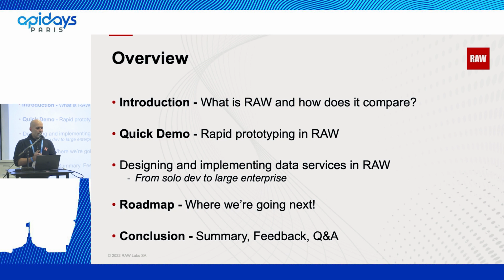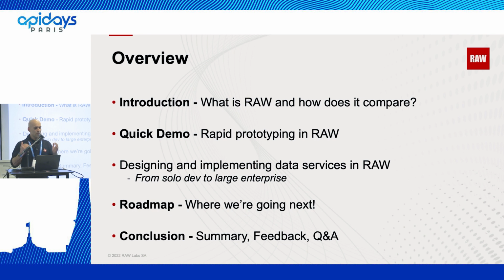So the idea for today is to go through an introduction, let you know what Raw is about, and how it compares, what you could use instead. Then a quick demo, and we have a few of those, touching a few parts. The first demo will be about rapid prototyping in Raw, a very easy way to get started with the system and understand what it is about.